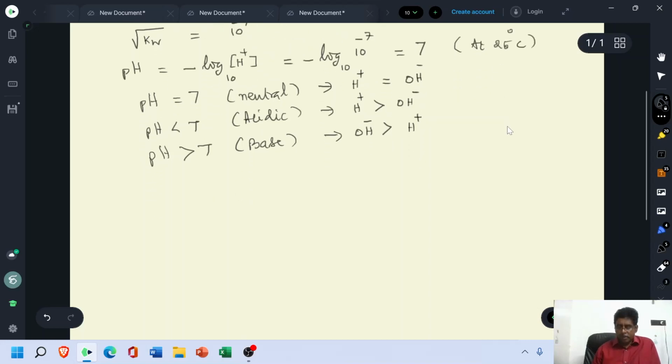Suppose the temperature of water is increased. The pH value decreases.